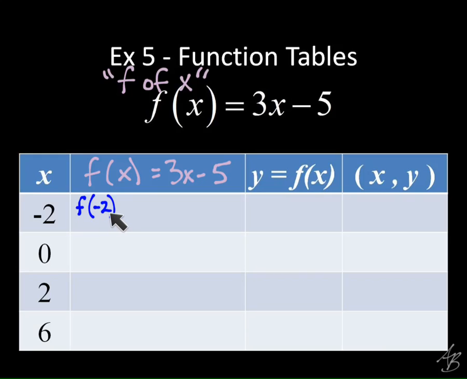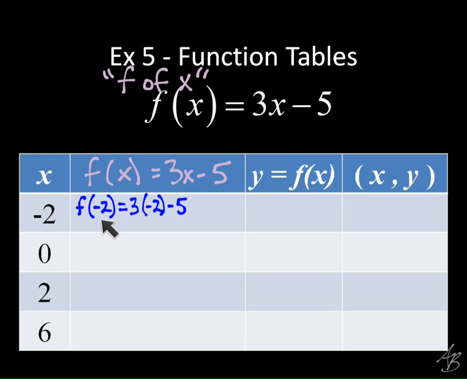And what this means is I'm putting negative 2 in for x in my function. So this means that negative 2 is what we're putting in where the x goes. All right, so the way we read this is f of negative 2. And then we write equals, and we do everything else the same. So we've got 3, parentheses, negative 2, minus 5.